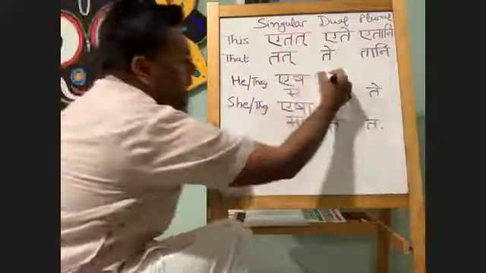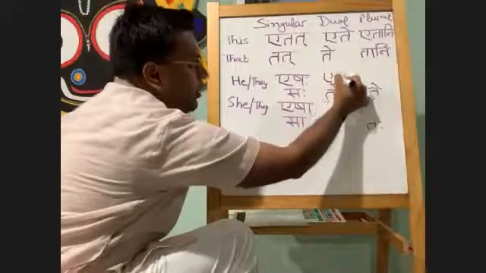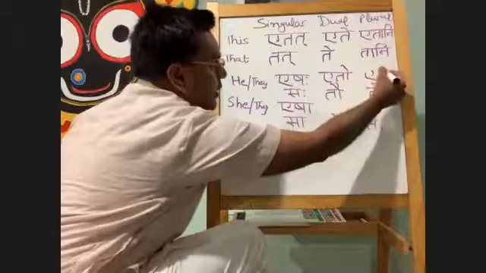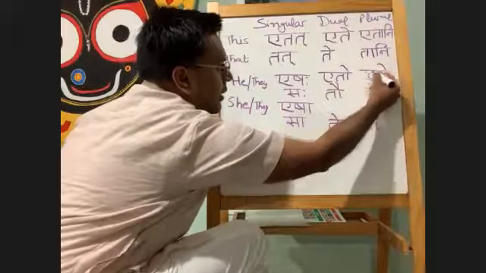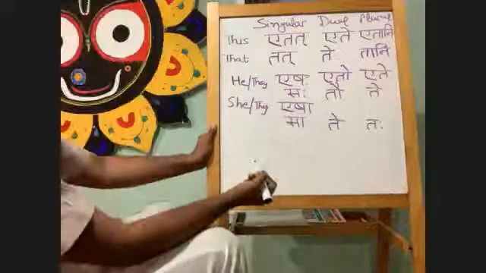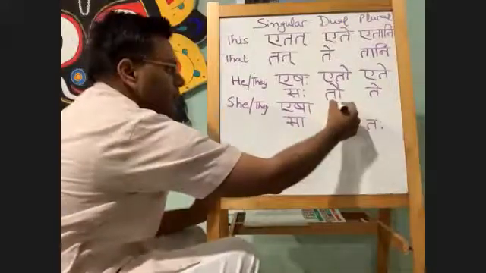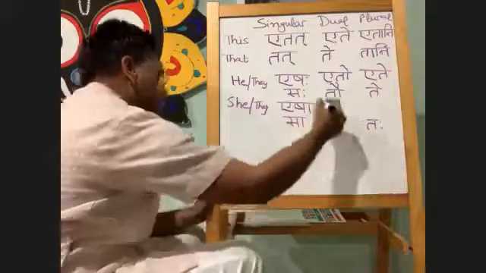And esha becomes eto and ete. And esha becomes ete and etaha.